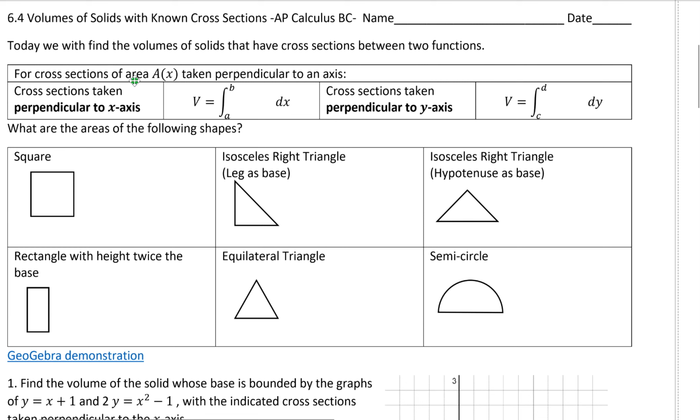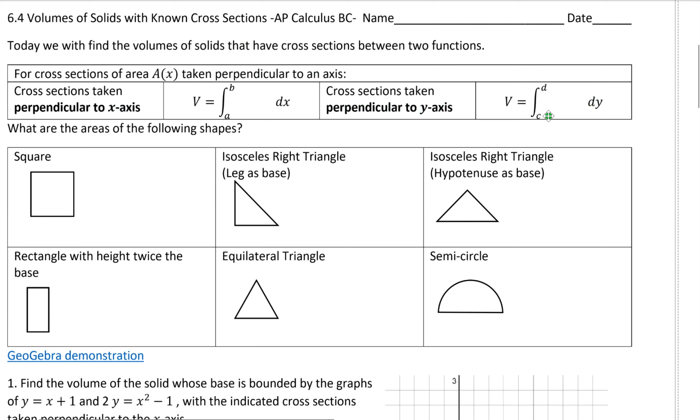For cross-sections of area A of x, so this means the area of the shape, so that was the shaded region that we just saw, taken perpendicular to an axis. There are two different things that we're going to deal with in this class: when they're perpendicular to the x-axis and the y-axis. Notice the only difference between these two formulas is this is in terms of dx, and this is in terms of dy.